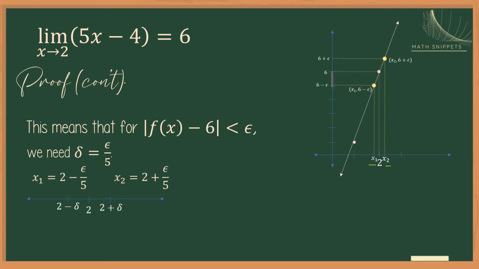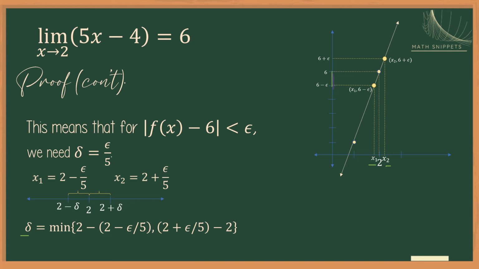So meaning we can have delta to be the minimum between the distances from 2 to 2 minus delta, or 2 to 2 plus delta. So we can take delta to have the value of the minimum distance between 2 and x sub 1 or 2 and x sub 2.